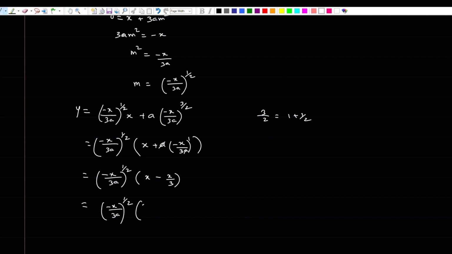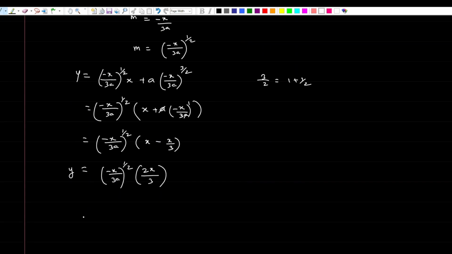3x minus x is 2x by 3. So here we are having y. When we square both sides, you will get y square equal to minus x by 3a into 4x square by 9.